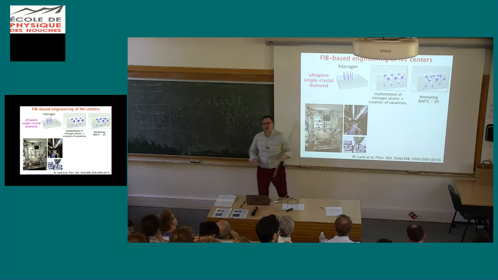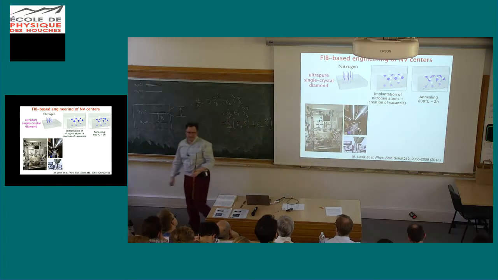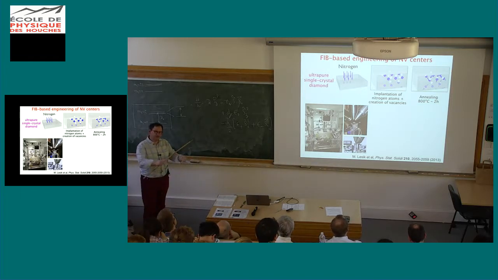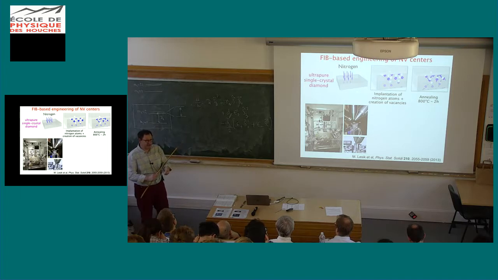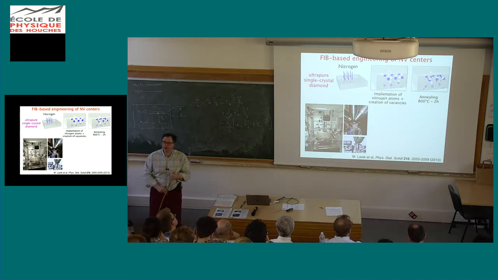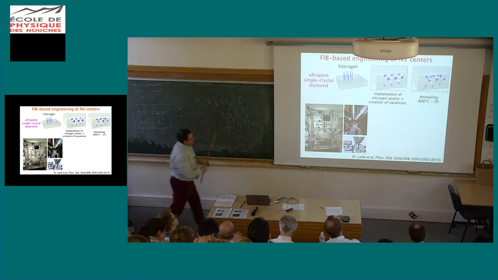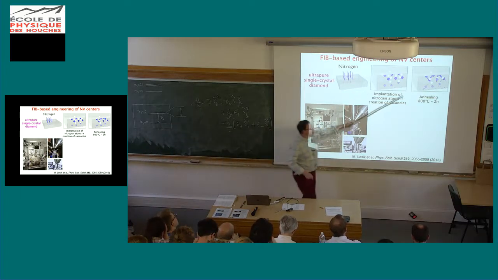At that stage, we do not have the NV that has been created. You simply anneal the crystal. The vacancy, as I explained at the very beginning, will move, and after that can recombine with the nitrogen impurities to create the NV centers.